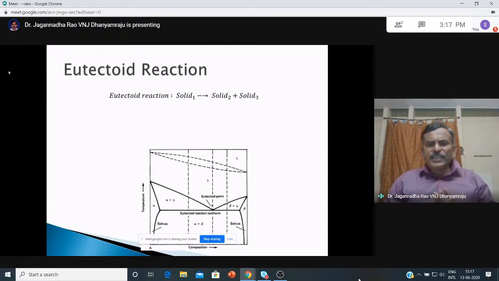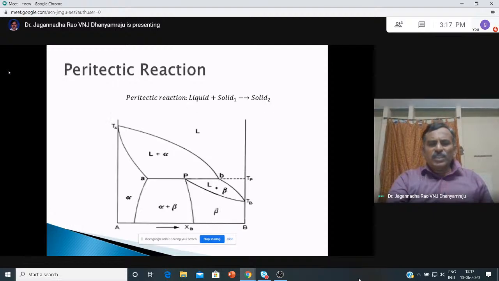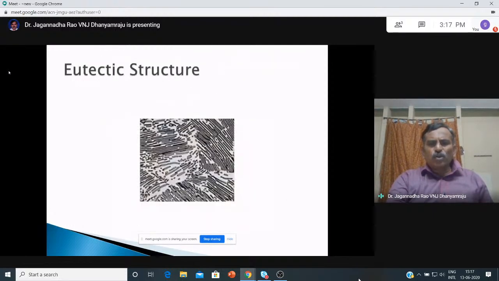If it is a eutectoid reaction, that is from a solid, and if it is a eutectic reaction, that is from a liquid. And the eutectoid structure is also similar to eutectic structure. It is also fine lamellar structure, just like fingerprints, having two phases.